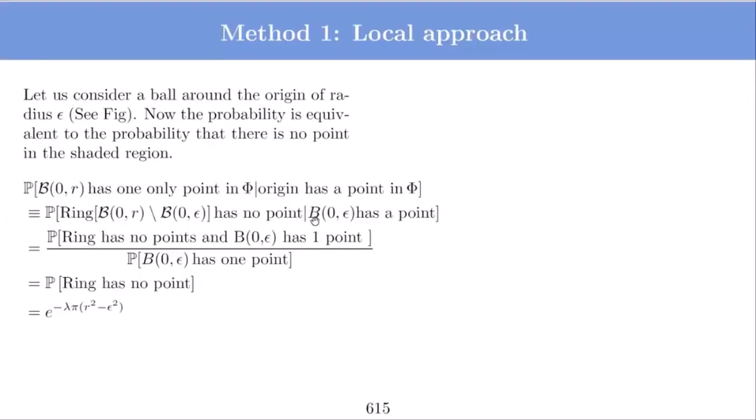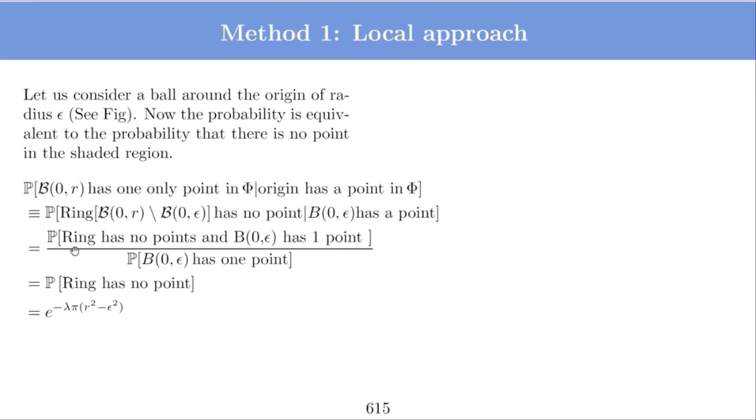Conditioning on ball 0, epsilon has one point, I can either say the ball 0, r has only one point, or I can say the ring has no point, right? Because there is only one point in this ball, and if I include that area, the rest of the ring area should not have any point. Otherwise, the total number of points in this ball will be more than one.